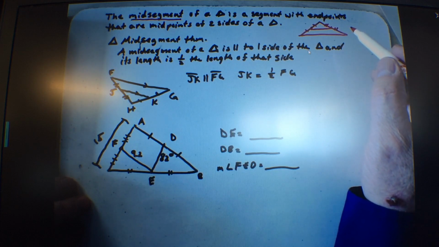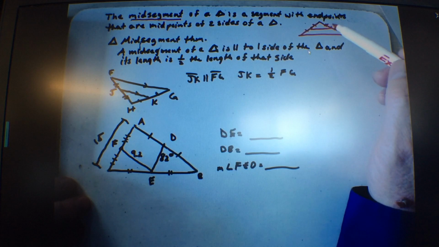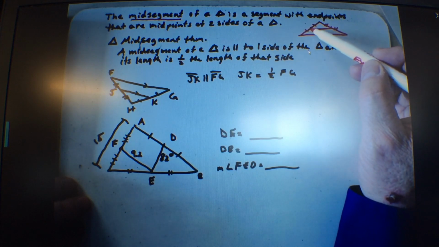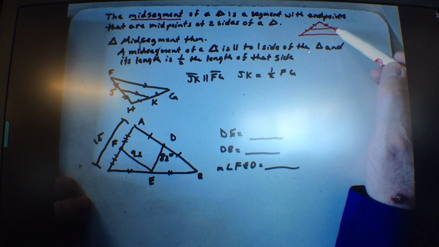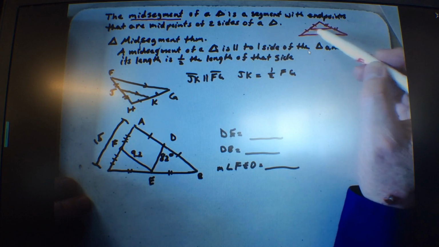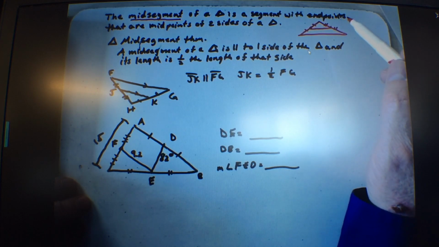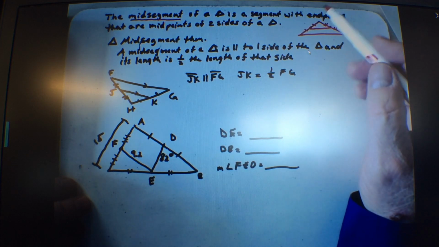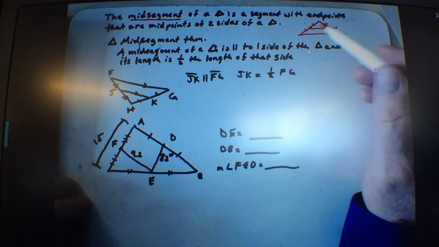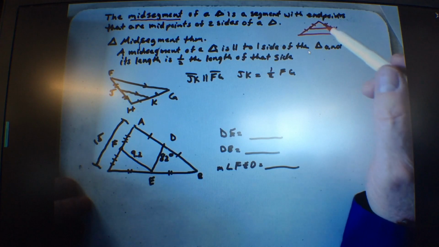I'll say that again. If I have the midpoint of this side and the midpoint of this side and I connect them, that's called a mid-segment. Every triangle has 3 of them, because you can connect the midpoints of any two sides.